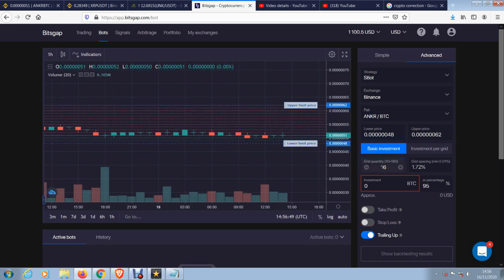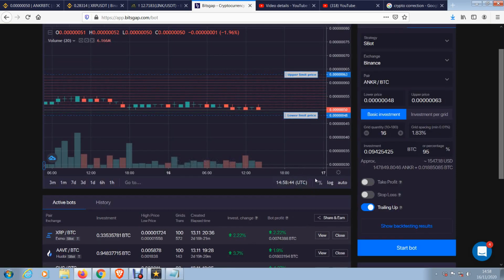So I only need 16 grids on this trading bot to capitalize on every single move here, and again the volume is high enough for all my orders to be filled on each tick up and each tick down. So at this stage we're ready to start the bot. The grids are in place, the buy orders would be from this level here, the sell orders would be up here.